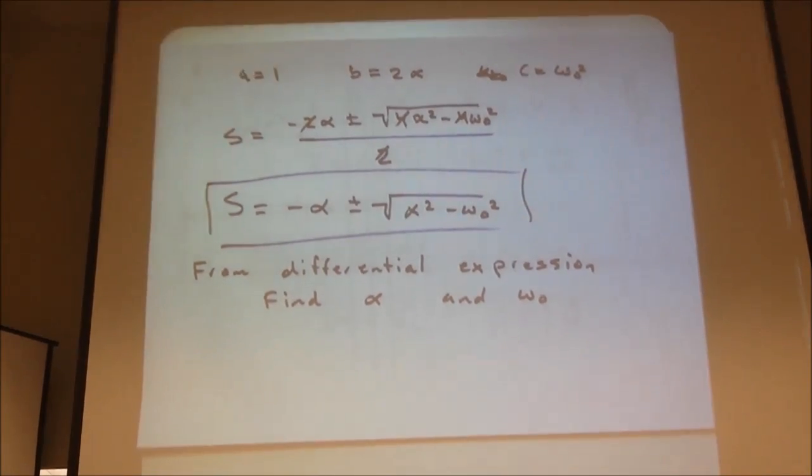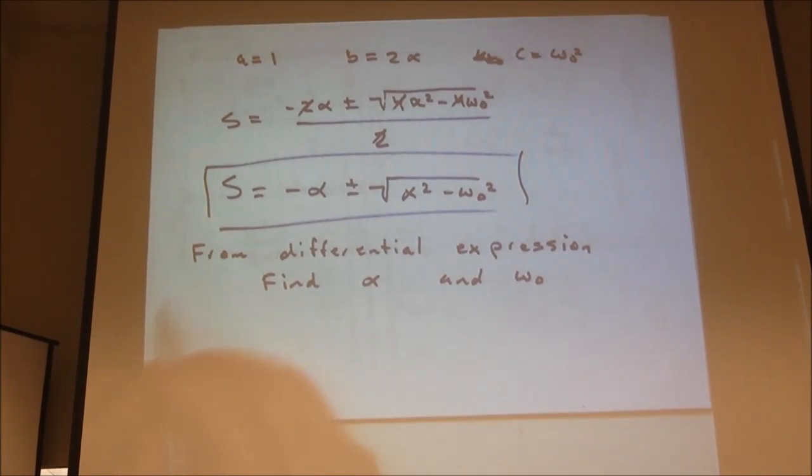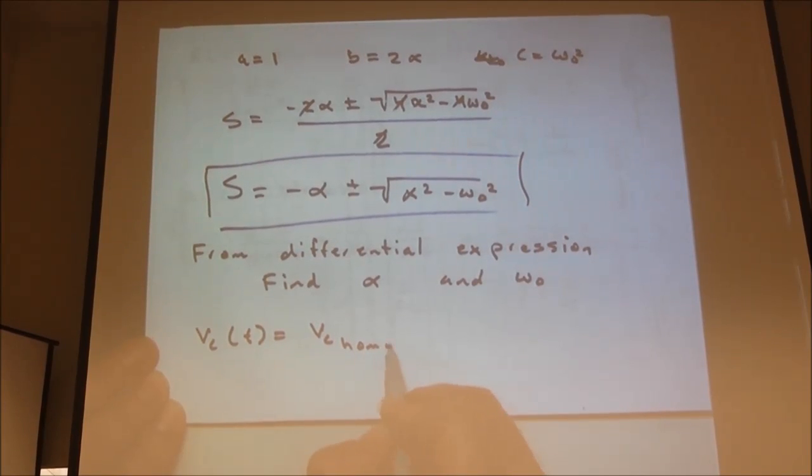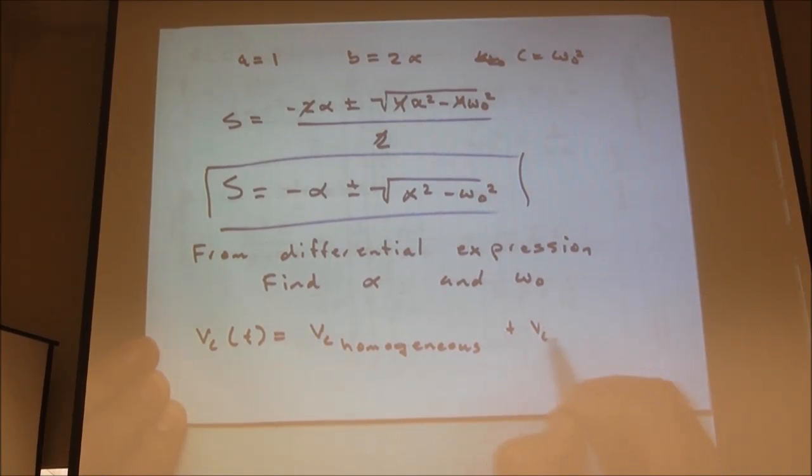So what does that mean for us? Well, we have a couple of case studies here. In general, again, what we're saying is VC(t) equals VC homogeneous plus VC particular. Nothing's changed.